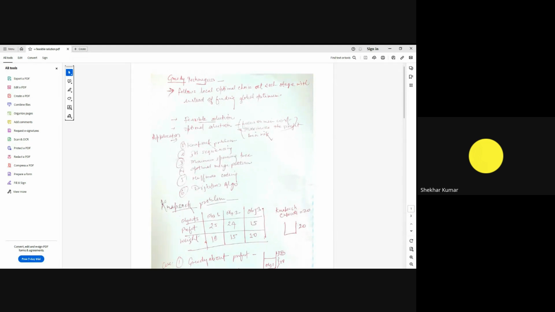So the fractional knapsack problem is one technique used to solve the knapsack problem. A knapsack is a bag, a container which has some capacity to store items. So in fractional knapsack, the items are broken in order to maximize the profit.